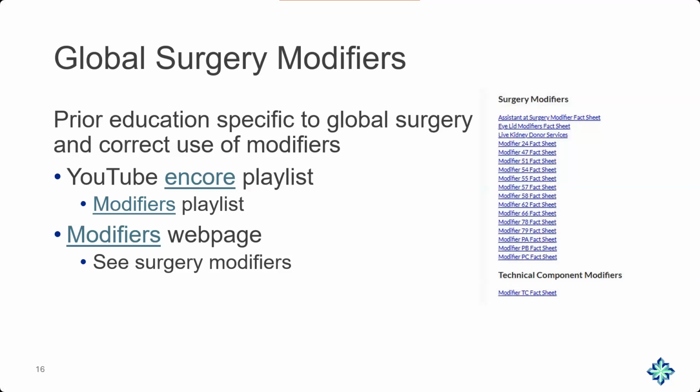And there's a variety of different surgical modifiers that can be used. So we really wanted to remind everyone that global surgery in and of itself is a separate realm of area. While many of these modifiers are similar or actually the same as NCCI modifiers, there are also some that will require you to look a bit further on another document. Okay. So I don't want to take away from global surgery, but it's a separate concept from the National Correct Coding Initiative.